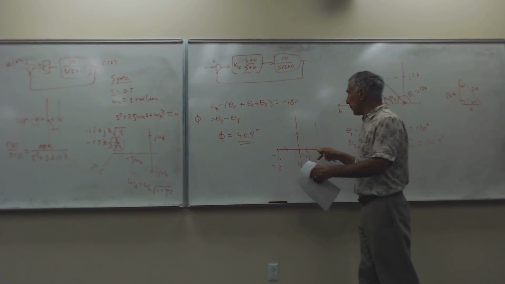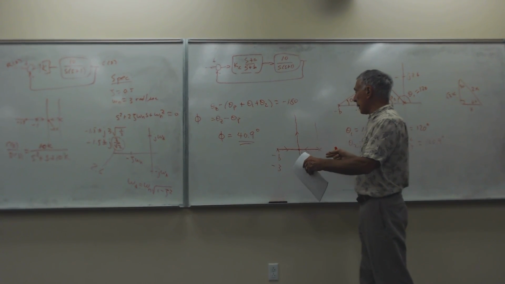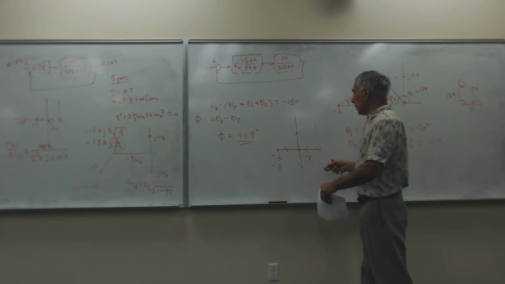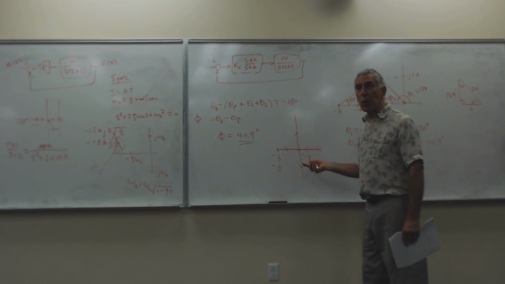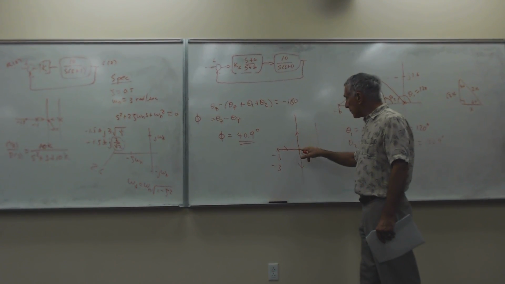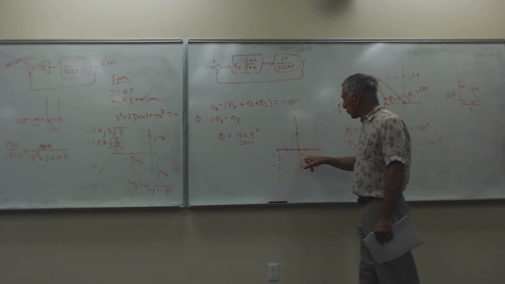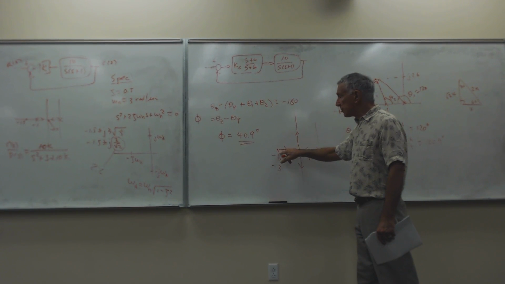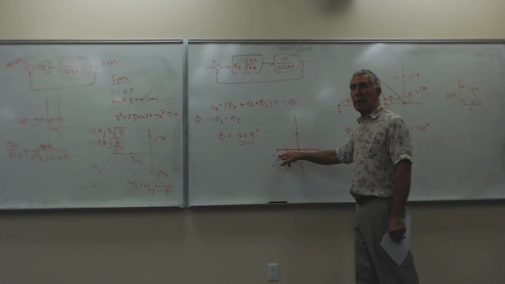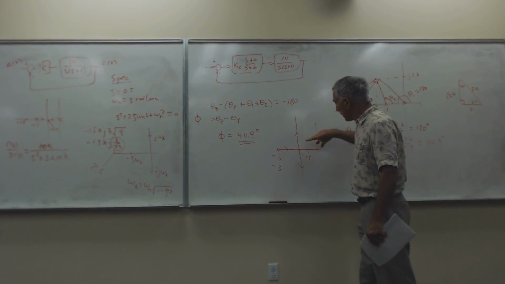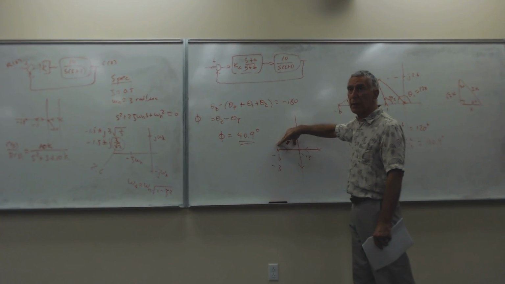And when you have an arrangement like this, breakaway is always going to be in the middle. And if the middle is minus 1.5, then the left endpoint has to be minus 3.